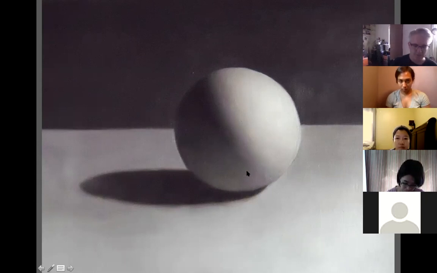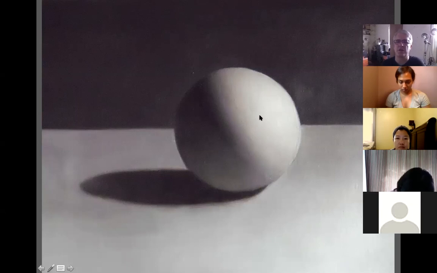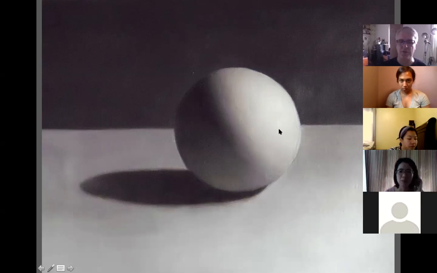Then you'll notice variations in both the light mass and the shadow mass. In other words, the values are not all the same. Right? So we have a lighter value here. And let me just make sure everyone understands what I mean by value.